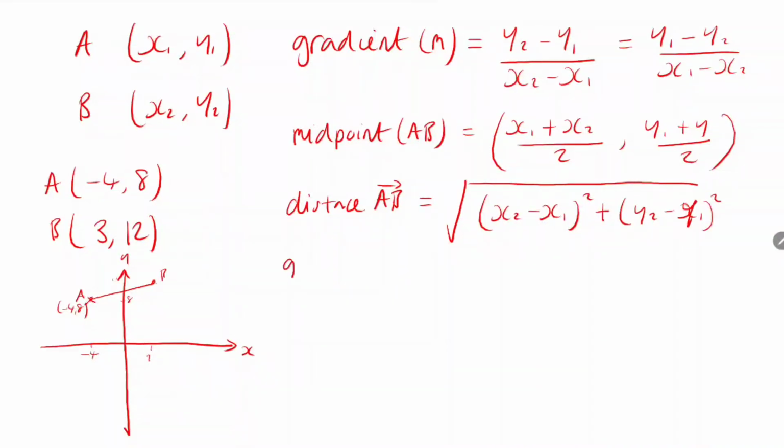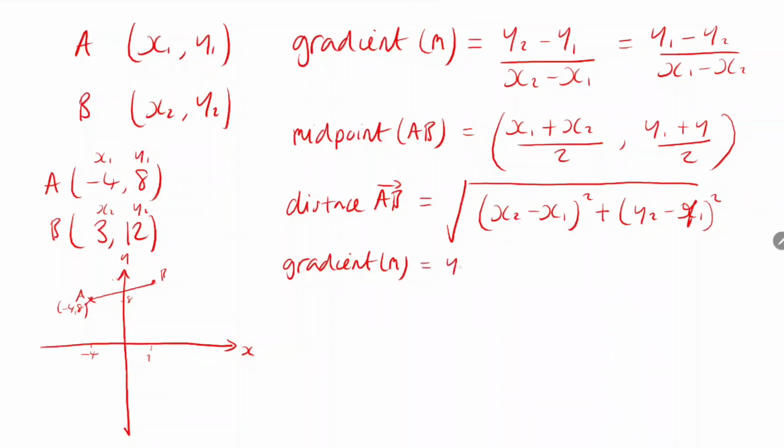So for these two, let's calculate what the gradient will be for our m value. We're going to assume that this is x1 and this is y1, and that B's are x2 and y2, and then you just substitute them into the formula.